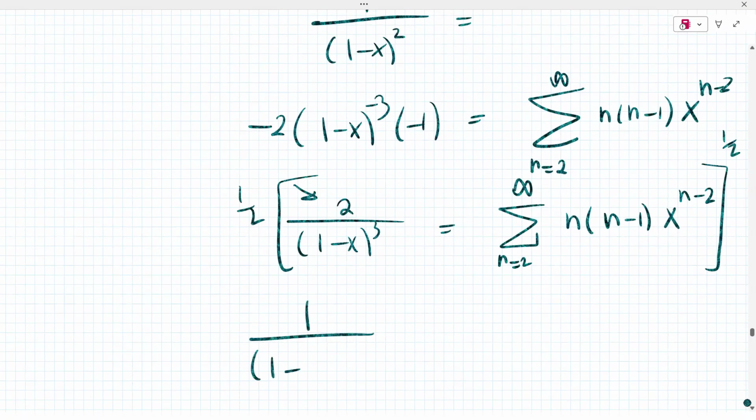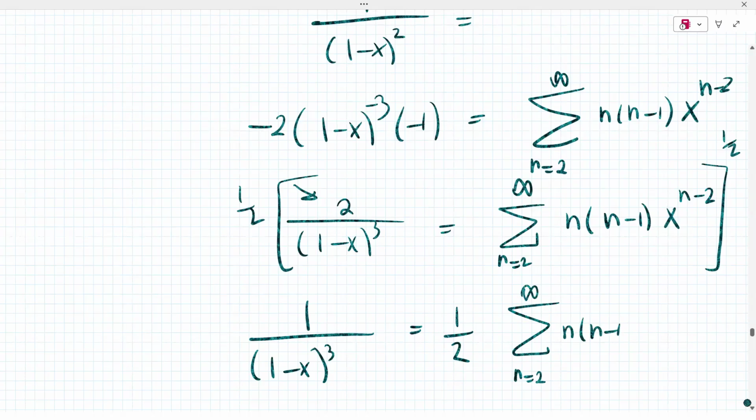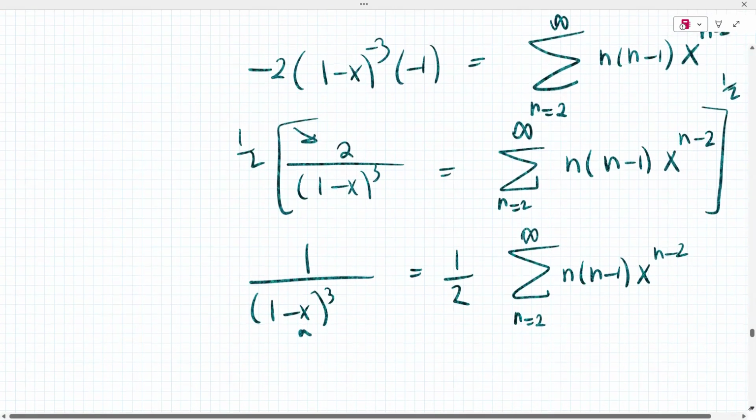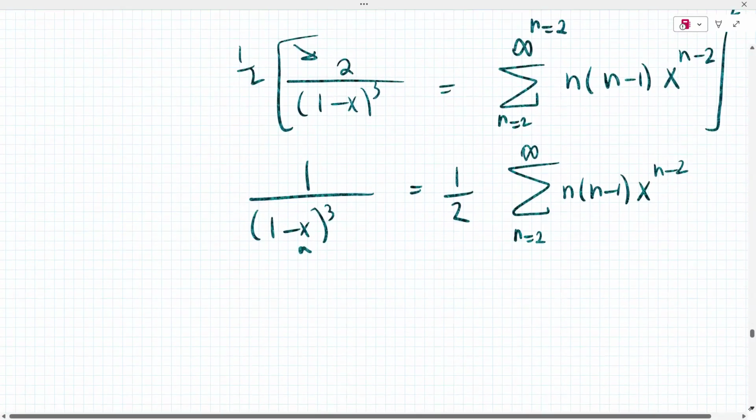And then this is 1 minus x raised to the third, and then this is going to be 1/2 times the summation of n equals 2 to infinity of n times n minus 1 of x raised to n minus 2. This x should be positive, so let's make that into a positive. So what you can do is do an extra minus.